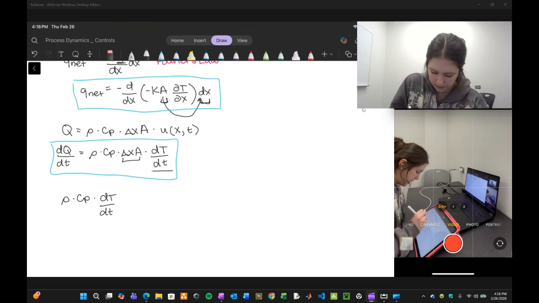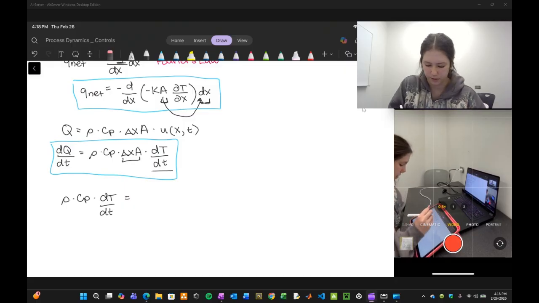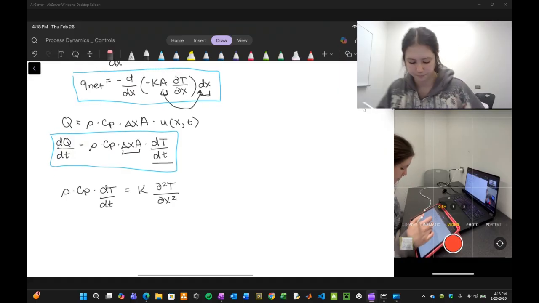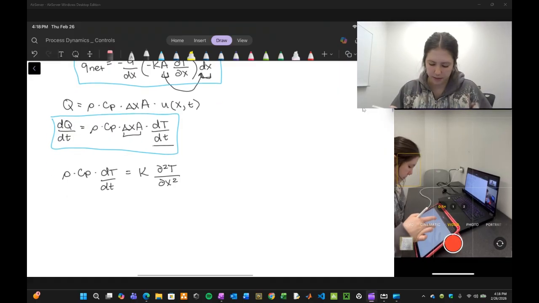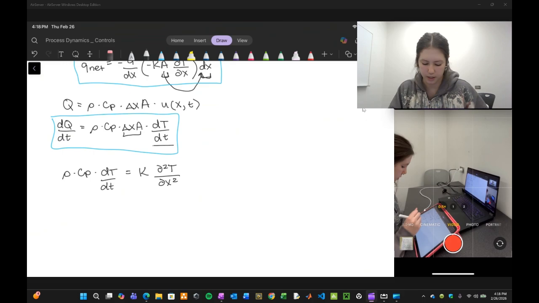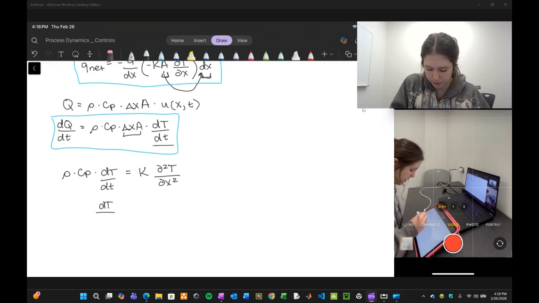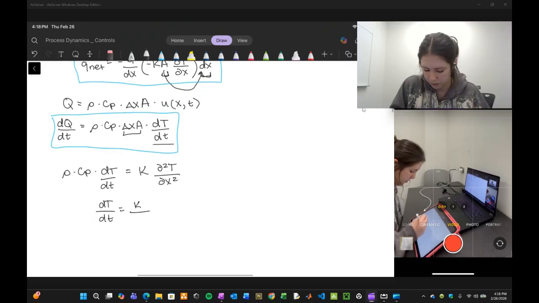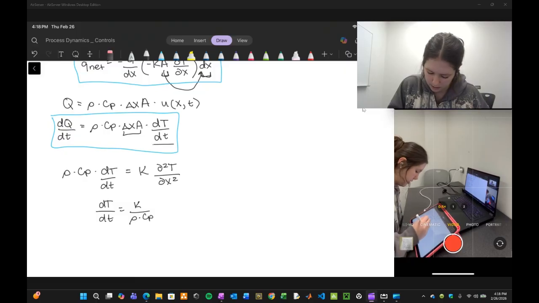So on this side, we have K, where the negatives cancel out there as well, and it will be the second derivative of temperature with respect to position. And if we simplify this a little bit and move our rho Cp to the other side, we get the change in our temperature with respect to time to be equal to K over our density times our heat capacity times this term here.